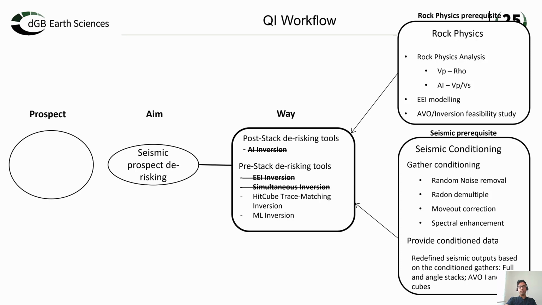This is simply because we could use our stochastic module to simulate one-dimensional pseudo-well models that can form input to both of these workflows to predict rock property volumes and their associated uncertainties from the conditioned seismic gathers. So we are going to start with the first workflow of HitCube trace matching inversion, and then we'll proceed further into the machine learning inversion or machine learning prediction work.